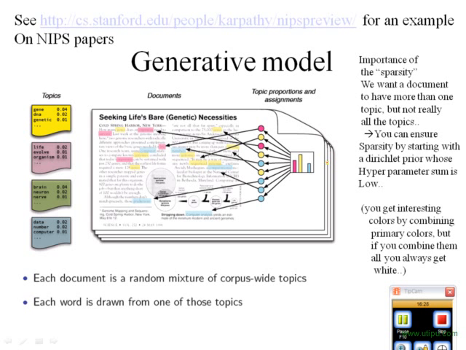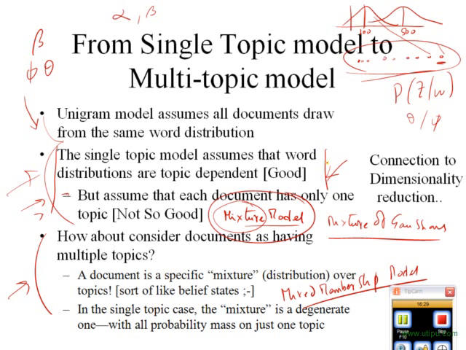Now, one thing before I go forward, and I think I mentioned this last time: if I just give you a bunch of documents, all of these models, the unigram model, the single topic model, and the LDA model, have the exact same input, which is the documents with the words in them.